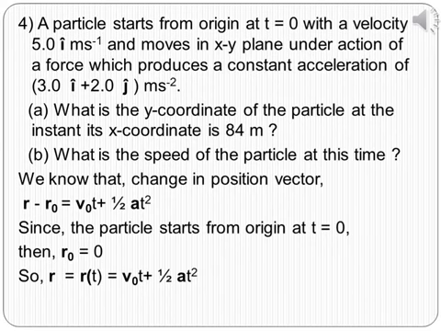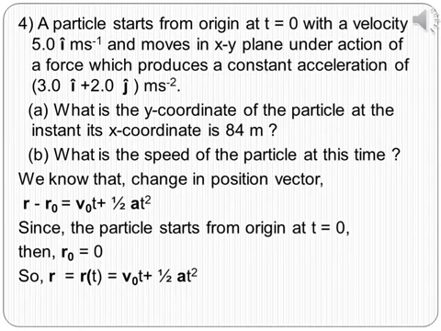We know that change in position vector r minus r0 is equal to v0t plus half at square. Since the particle starts from the origin at t is equal to 0 second, then r0 is equal to 0.